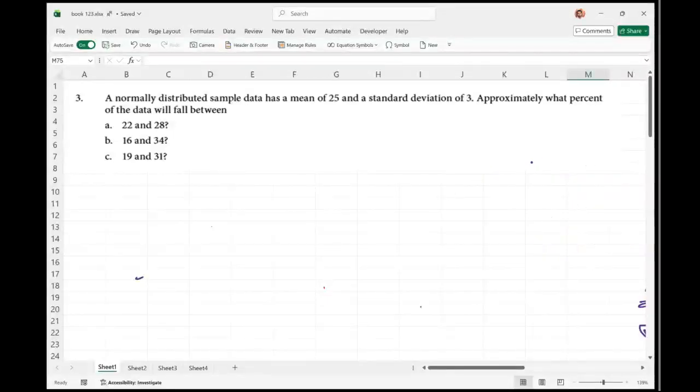Now, let's look into this question. A normally distributed sample data has a mean of 25 and a standard deviation of 3. Approximately what percent of the data will fall between 22 and 28? It says normal distribution, so whenever there is a normal distribution, we can apply the empirical rule.